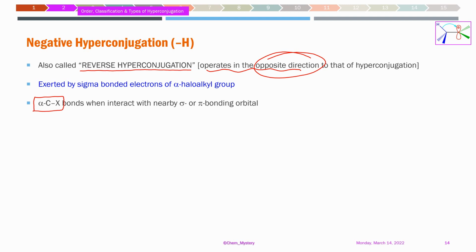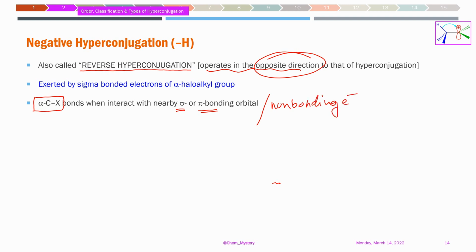So that empty antibonding molecular orbital can be pulling electrons from this non-bonding electron pair, and if that is happening, the first Lewis structure we have drawn would be converting into the second Lewis structure, and that fluorine is being given off and this compound is converting into an alkene.